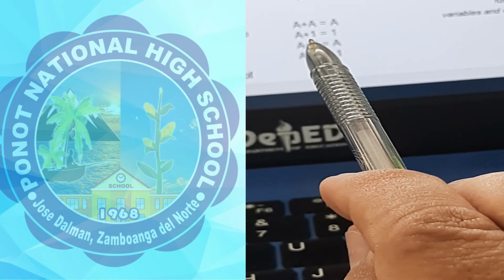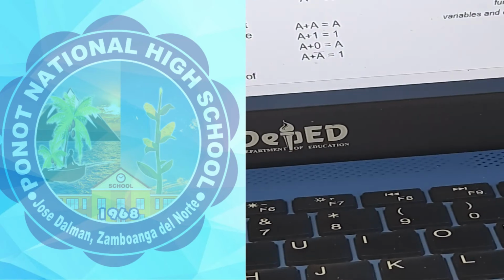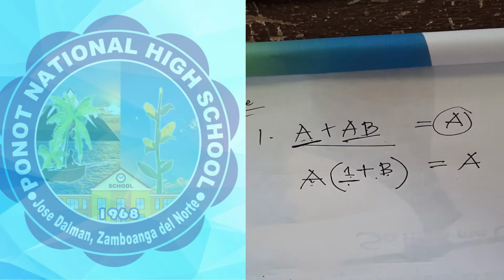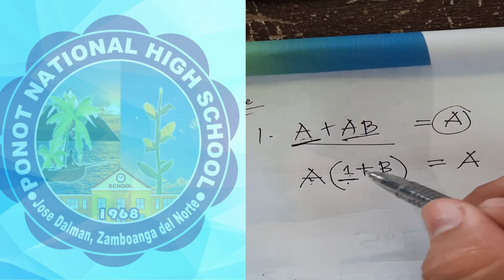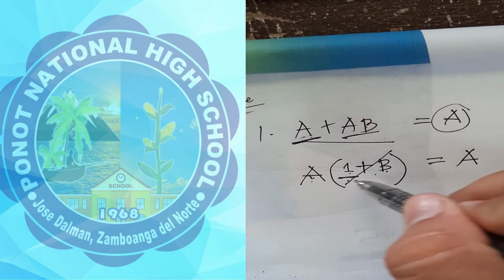So 1 plus B or 1 plus A is equal to 1. So 1 plus B is 1.